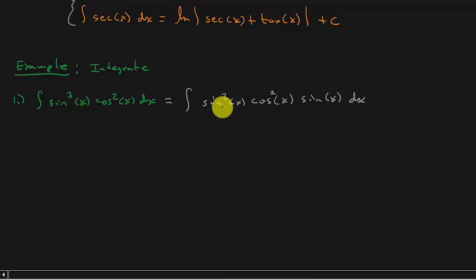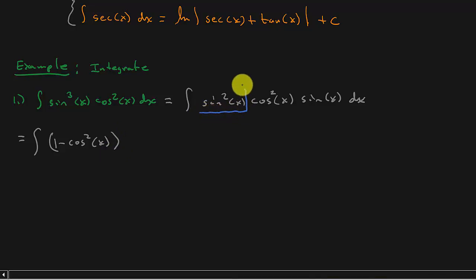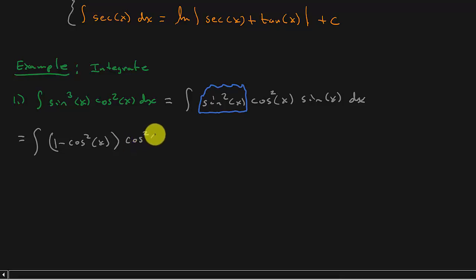But we still have this sine squared here. Can't we write it as 1 minus cosine squared x? We can replace this sine squared with 1 minus cosine squared. When I save this factor of sine, I need to get everything else in terms of cosine. And then that's times cosine squared x sine x dx.